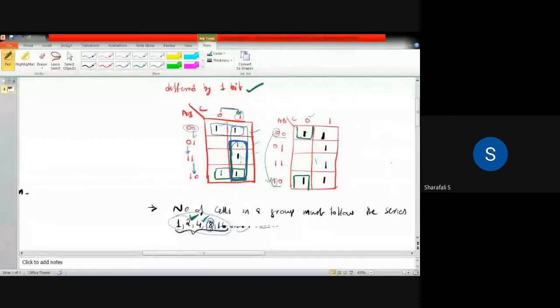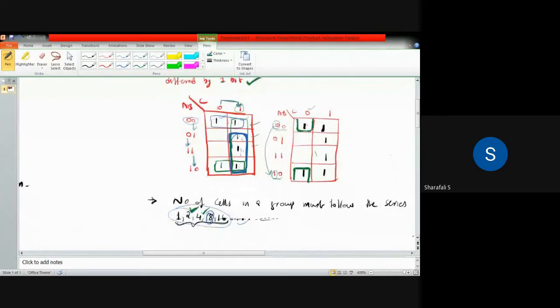So this particular condition is valid because only one bit is changing. And the second condition, the number of cells in that group should be 1, 2, 4, 8. This particular group has two cells. So this condition is also valid. So this grouping is possible.